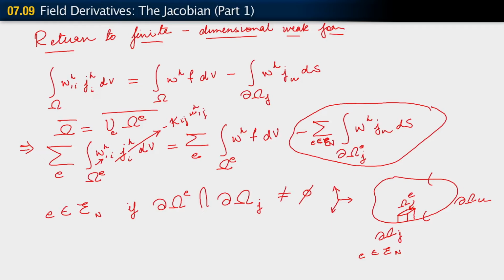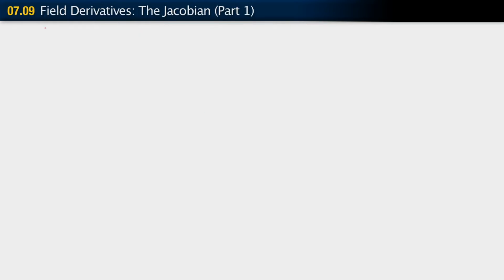So we need gradients as well. So in computing gradients, we need function gradients, which is not a surprise. We needed the same things in the 1D problem as well.